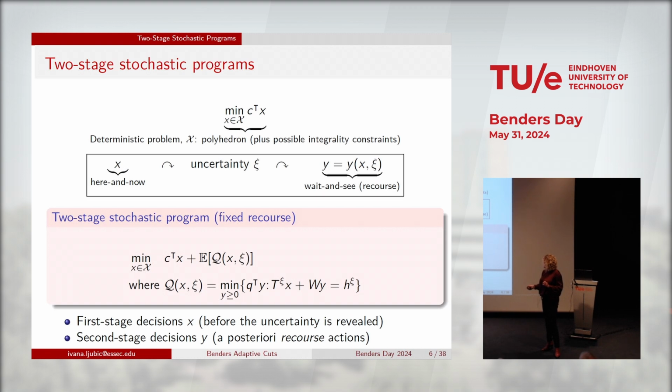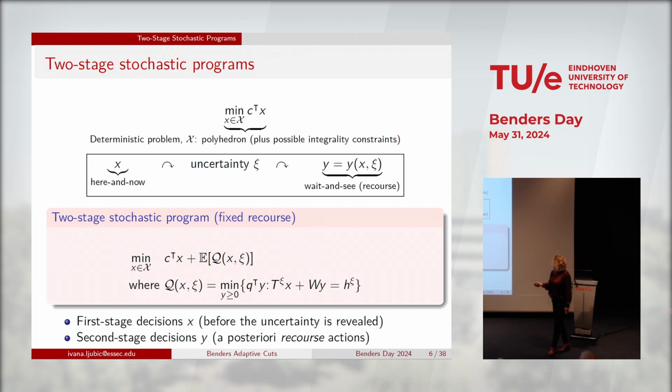So in these constraints, for our purpose, we will assume that we have what we call a fixed recourse, which means that the matrix associated with the recourse decisions, that we sometimes also call second stage decisions, is fixed, but the matrix that describes the transition from the first stage and the right-hand side are subject to uncertainty. This is what we sometimes call the transportation matrix. So we have first stage decisions, here and now X, and second stage decisions Y, which are a posteriori recourse actions.